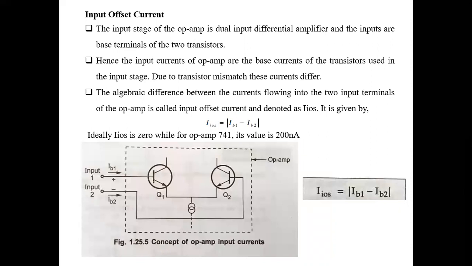Input offset current. The input stage of the op-amp is a dual input differential amplifier, and the inputs are the base terminals of the two transistors. Hence, the input currents of the operational amplifier are the base currents of the transistors used in the input stage. Due to transistor mismatch, these currents differ.